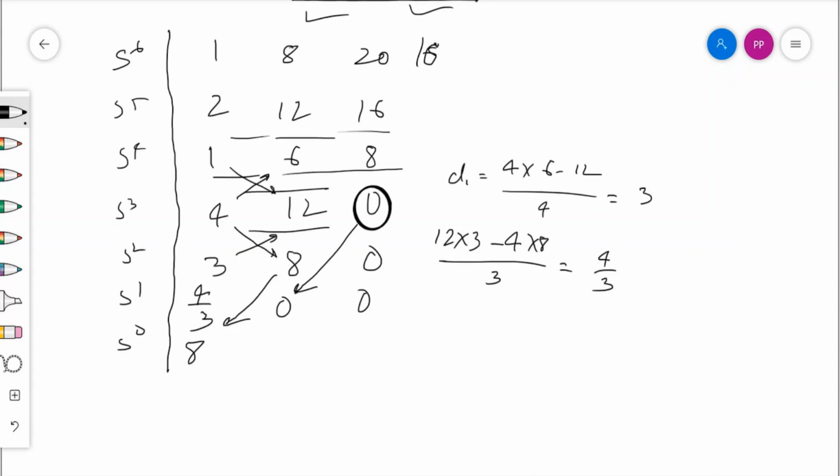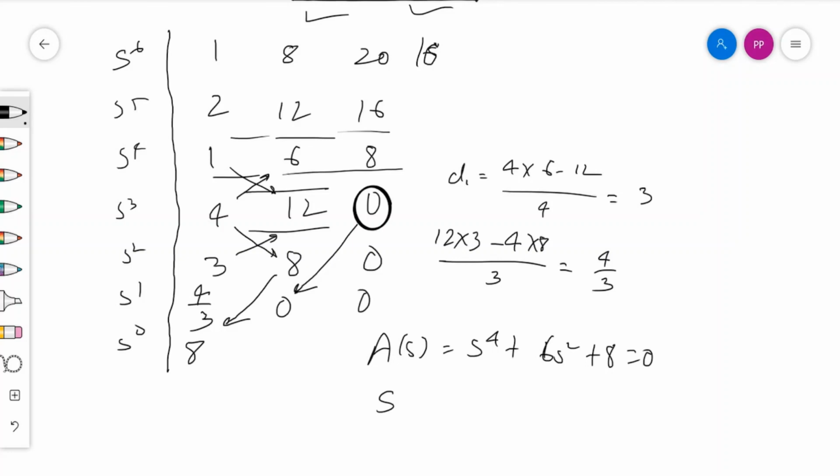Routh array. So the first information is that we got the auxiliary equation, and by differentiating the auxiliary equation we got the coefficients which can be used to replace the 0 row. And from the auxiliary equation s power 4 plus 6s square plus 8 equal to 0, we can solve for the purely imaginary roots of the characteristic equation.